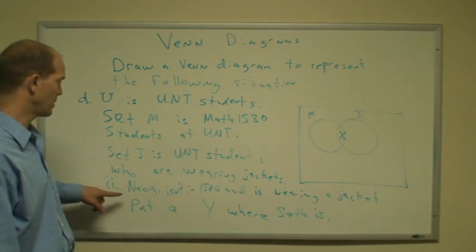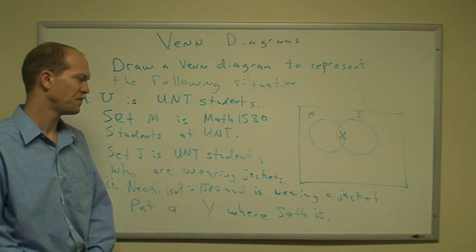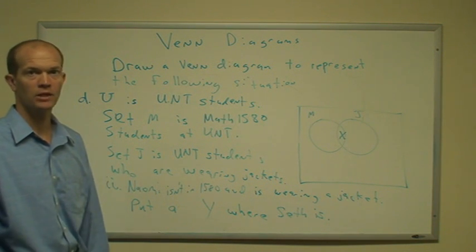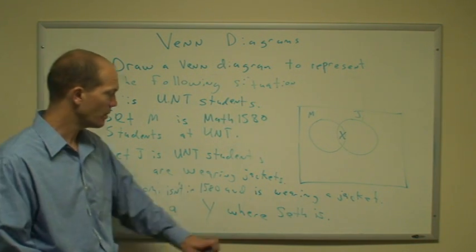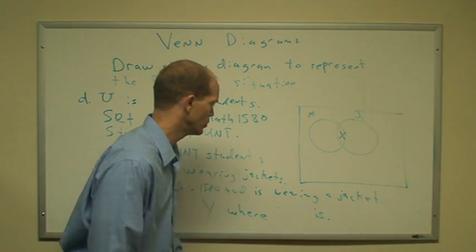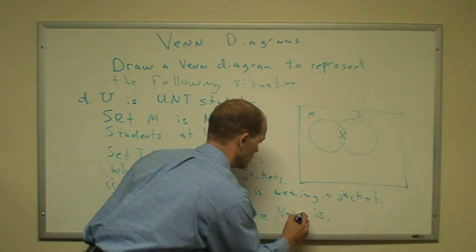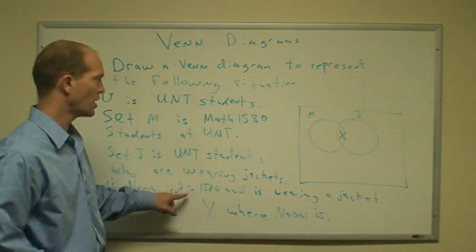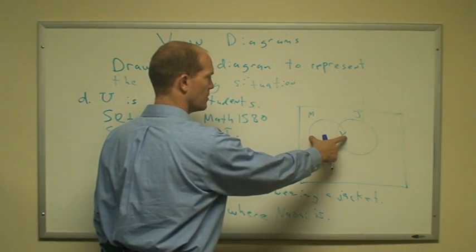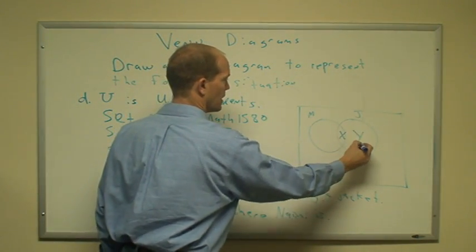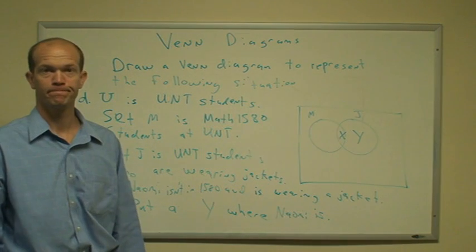The second part of this example tells us that Naomi isn't in 1580 and is wearing a jacket. Let's put a Y where Naomi is. So she's not in 1580, she's not in set M, but she is wearing a jacket. Naomi should be where that Y is right there.